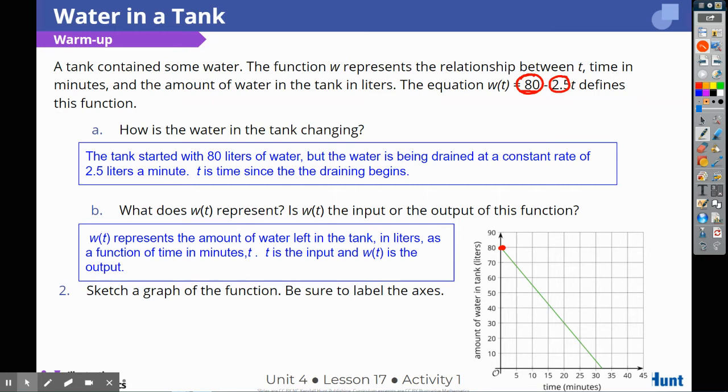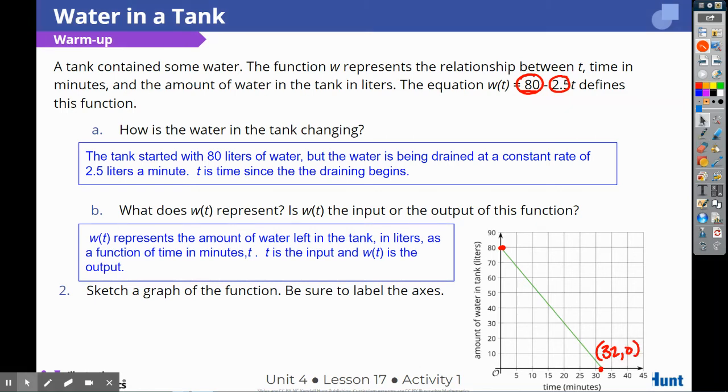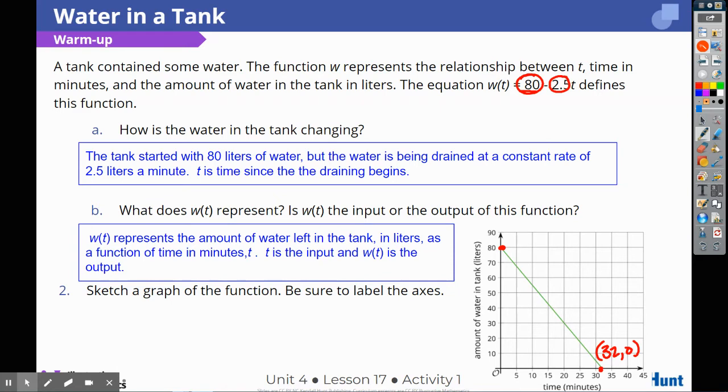So that was your hint that your x-intercept should have been at (32, 0). Hopefully you got those, and then you used the line tool just to connect those 2 points. And you can see that your line is decreasing.